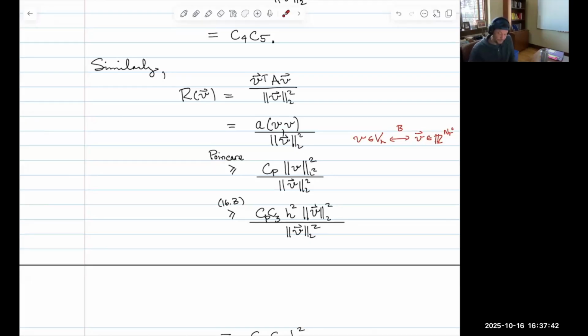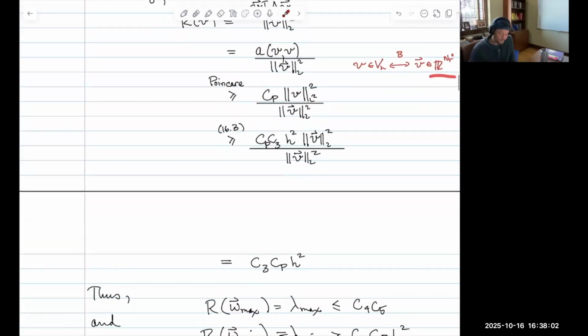Anything in H0^1, it works. So that's the Poincare inequality. Now again, this guy and this guy are not the same objects. One is a finite element function, one is this coordinate vector in R^n.